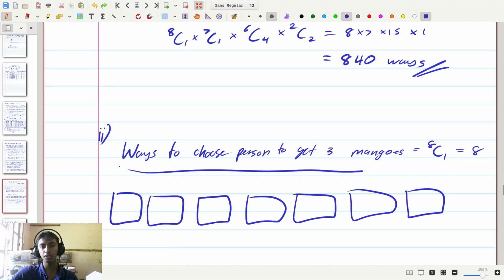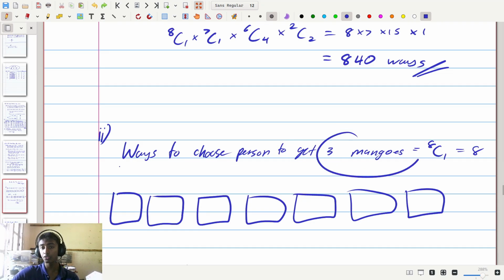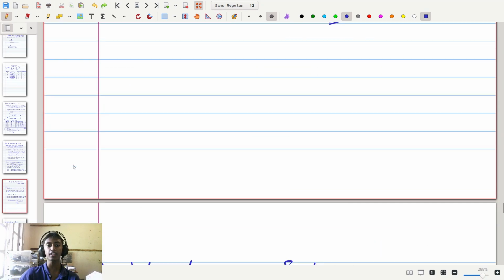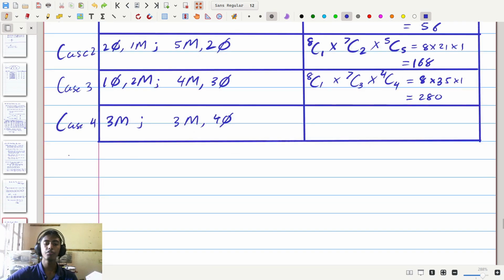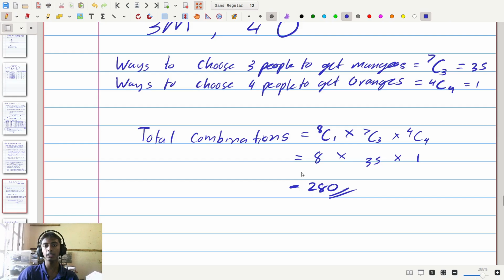The ways for one person to get 3 mangoes is exactly what we're doing here. So we could write "found earlier in Q2", so that whoever is marking this knows that we found it earlier in Q2. And we can say it's equal to 280 because that is what we found in the previous question.